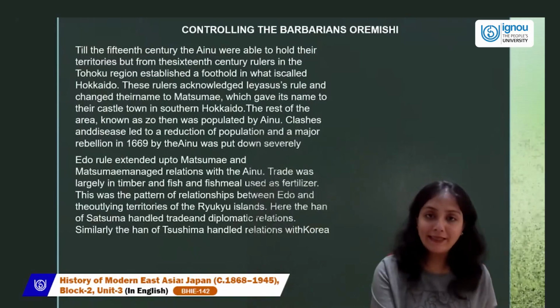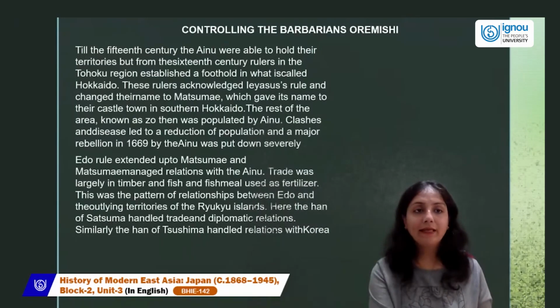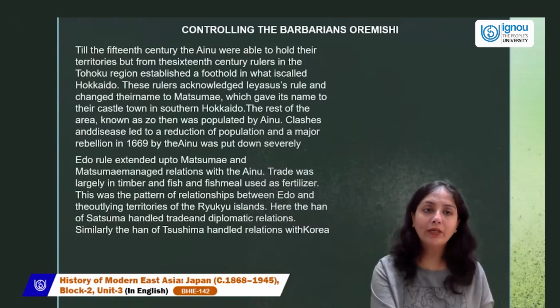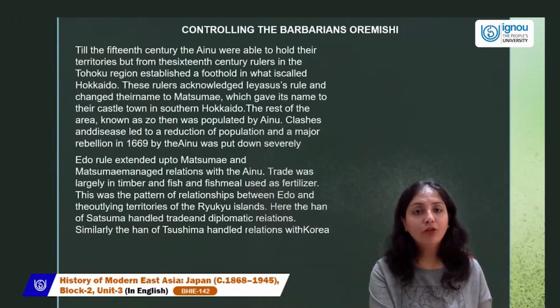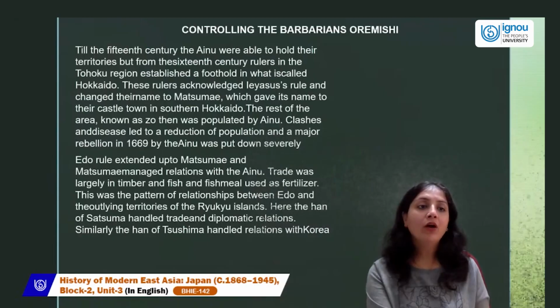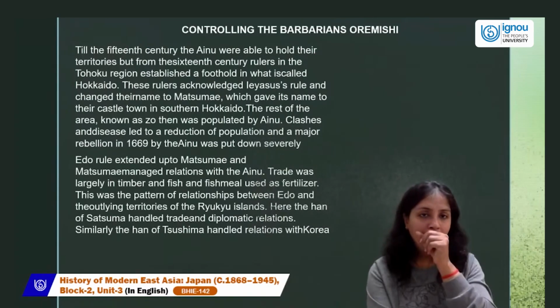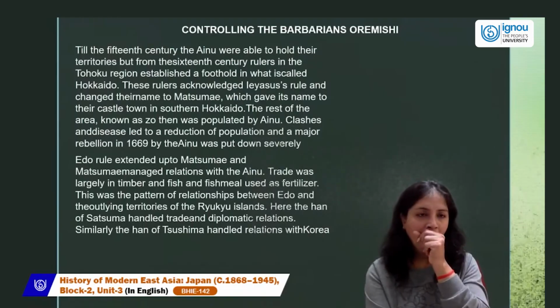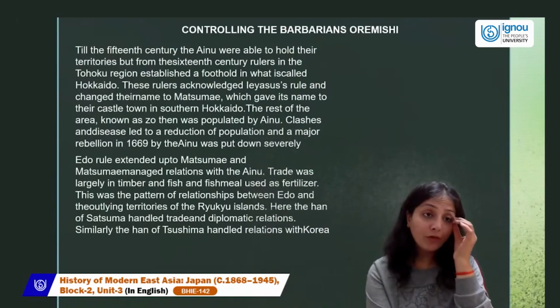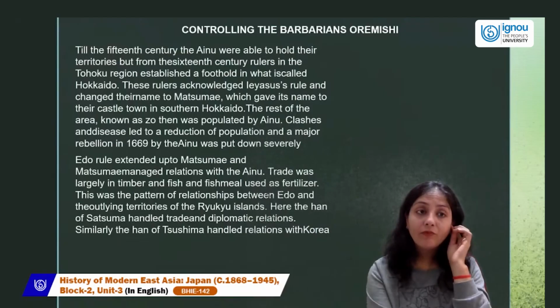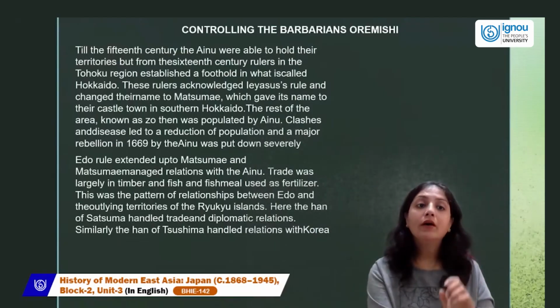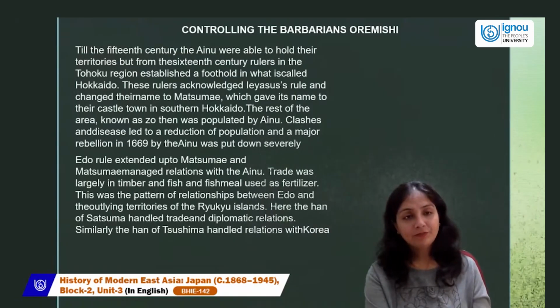But from the 16th century, rulers in the Tohoku region established a foothold in what is called Hokkaido, the place where the Tohoku rulers established themselves.